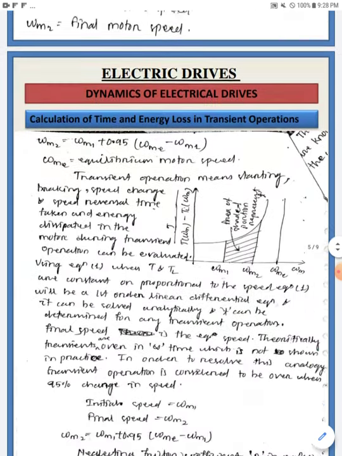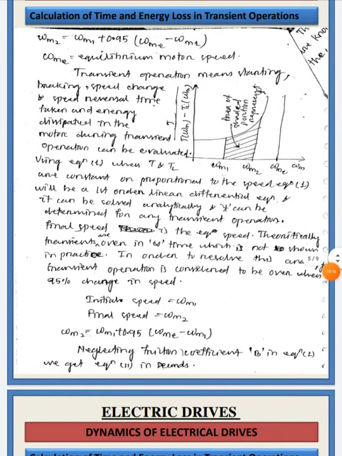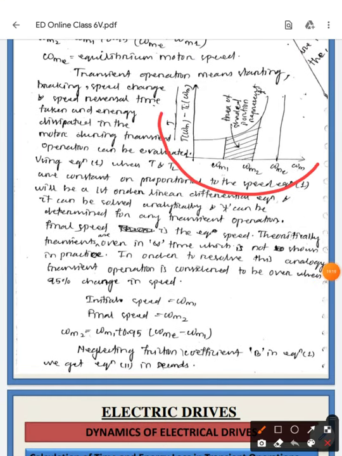If we draw one graph by using the above two equations, during the transient operation it can be evaluated using equation number 1 when T and TL, where T is the total torque or motor torque and TL is the load torque, are constant or proportional to the speed.